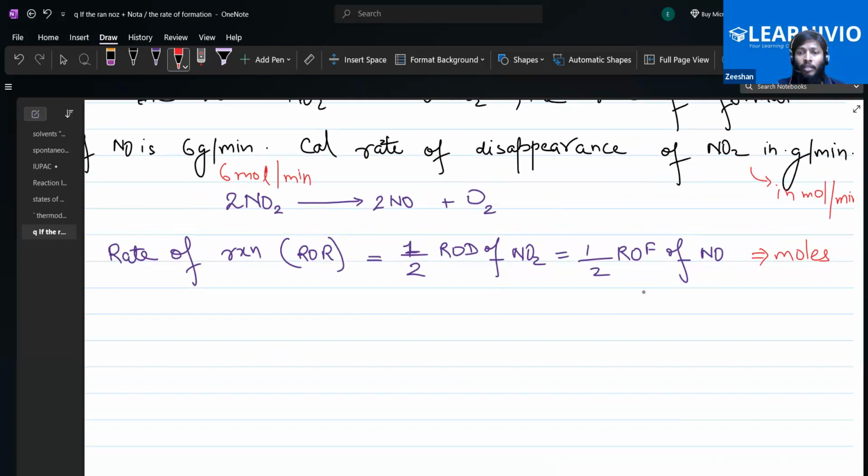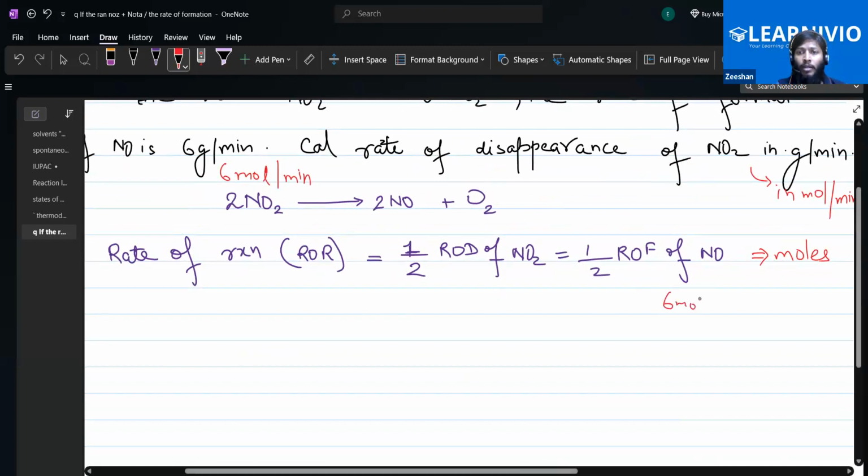So her answer was 6 mole per minute, which was correct if the question were in mole per minute. But the question is in gram per minute, and you have to find the answer also in gram per minute.